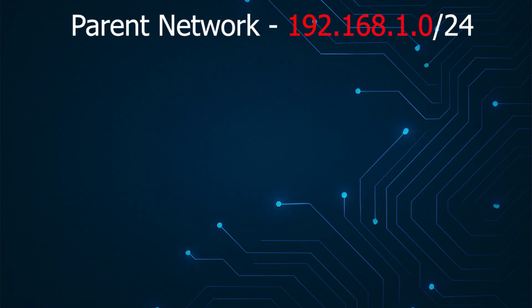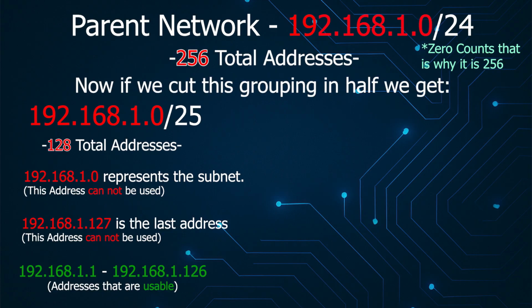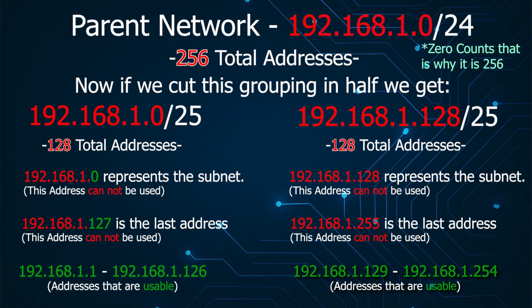For example, a network 192.168.1.0/24 has 256 addresses. Now we can split that into 2 different subnets, /25, and now we have 192.168.1.0 all the way to 192.168.1.127, and 192.168.1.128 all the way to 192.168.1.255.